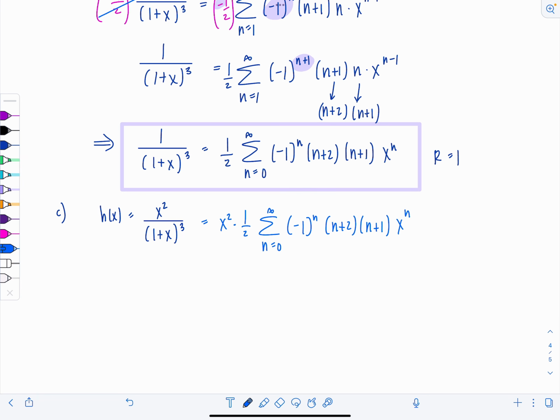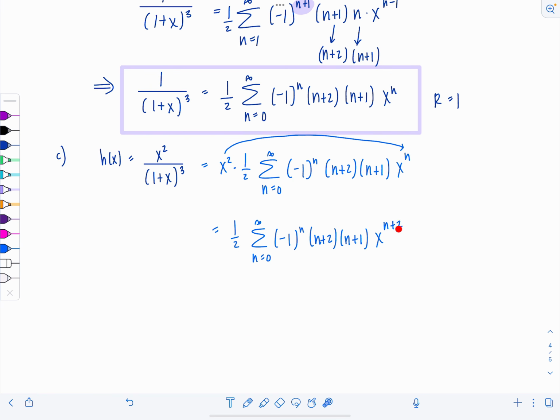So I'm going to bring this and combine it with x to the n. So then now we'll have the sum, n equals 0 to infinity, negative 1 to the n plus 2, n plus 1, x to the n plus 2. Good. Should we adjust? Yes. I can write this as x to the power of n if I subtract 2 from all of the n's here.